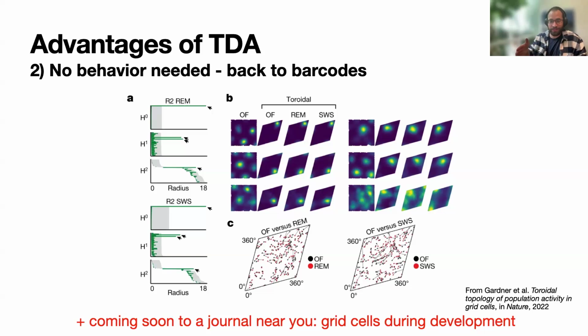It's very clear: on day 10 or something, you go from no grid to grid cell online. That's another case where there's no hope of a behavioral correlate, but by looking at the data alone using these topological tools, you uncover a very cool mechanism about the formation of the grid cell system.